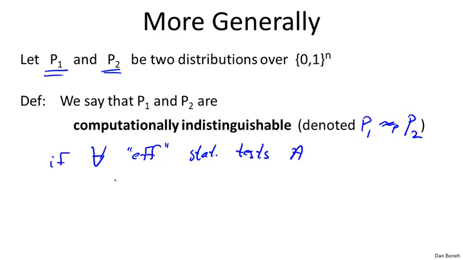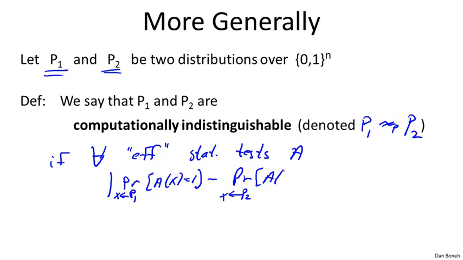A, if I sample from the distribution P1 and give the output to A, versus if I sample from the distribution P2 and give the sample to A, then A behaves the same in both cases. In other words, the difference between these two probabilities is negligible.